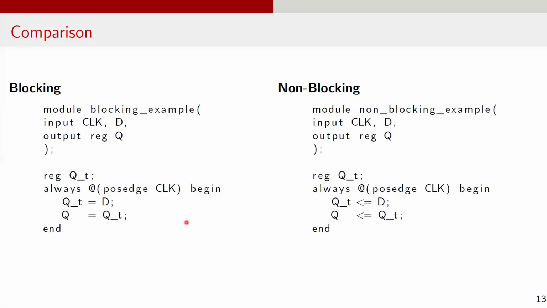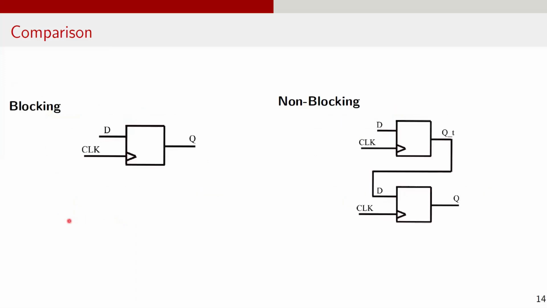In this slide, we show two sets of code differing only in the assignment type. On the left-hand side, the assignment type is blocking, while on the right side, we have a non-blocking assignment, where we take input D, assign it to Qt, and then Qt is assigned to Q. If we look at the synthesized hardware of these codes, we find that the blocking assignments synthesize to combinational logic, while the non-blocking assignments synthesize to a sequential flip-flop based design.